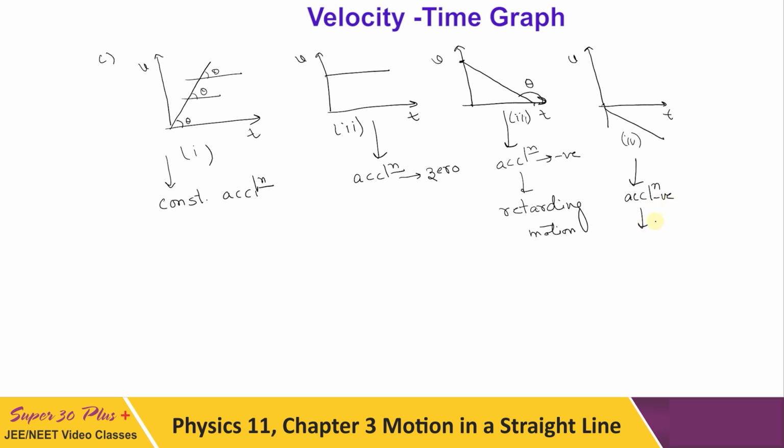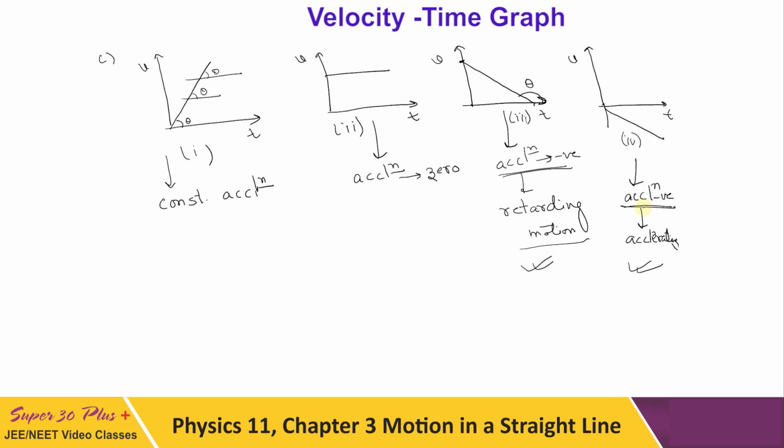Have you understood the difference between this and this graph? Here acceleration is negative, here also it is negative, but this is retarding motion because the magnitude of velocity is getting decreased with time, whereas in the second, the magnitude of velocity is getting increased with time. Of course this is in the negative direction, so acceleration is negative.